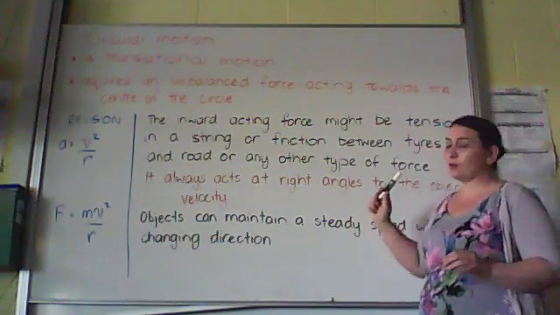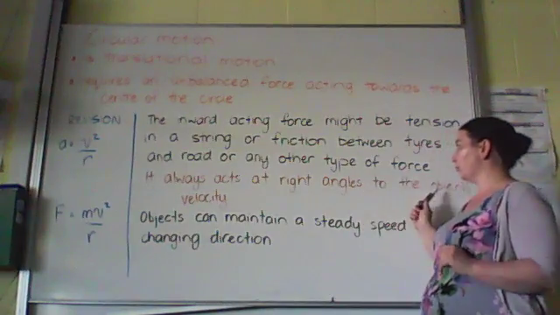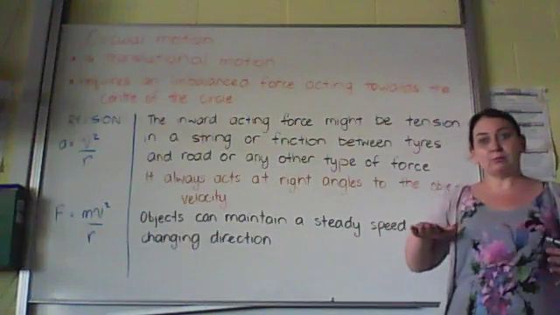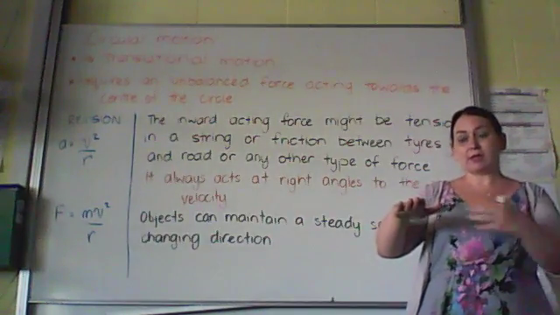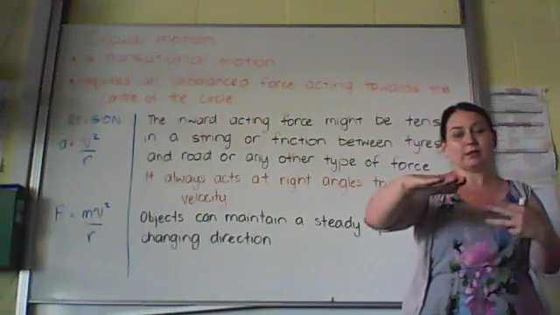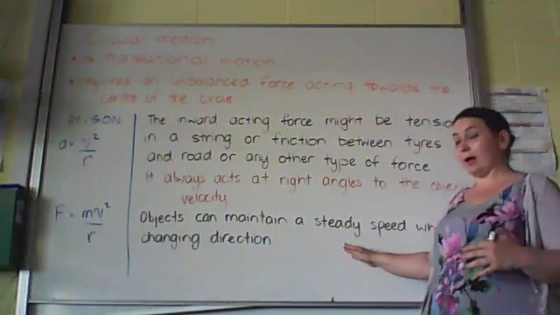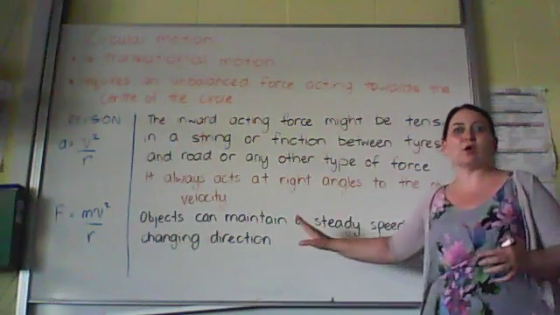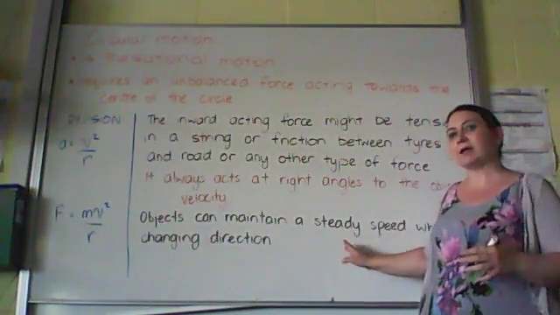The unbalanced force always acts at a right angle to the velocity that the object has. So if we have a car moving along and the force acts at right angles to it, it's going to turn in a circle. Therefore, objects can change their direction, change their velocity without changing their speed.